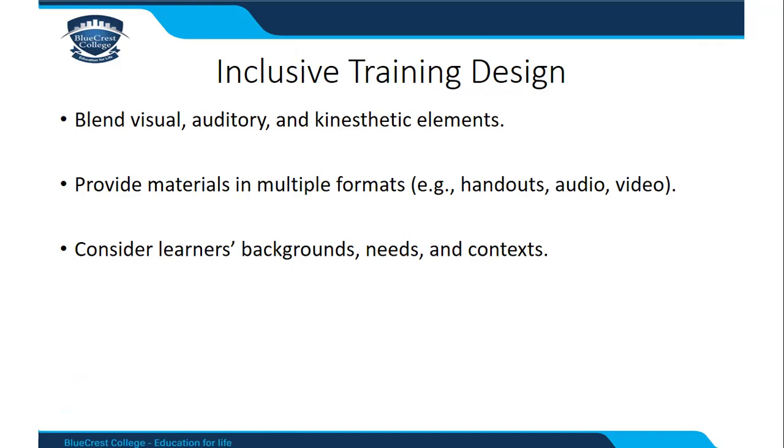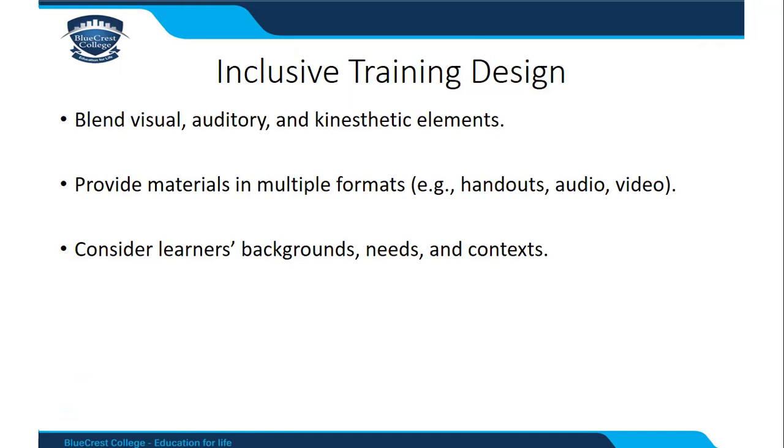You also have to provide materials in multiple formats. For example, you have your lecture notes, you have your slides, and sometimes you also have a recorded lecture. All of those are materials that you can make available to your trainees.